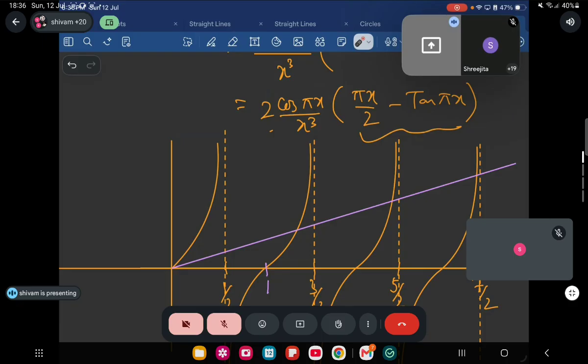So see, I'm talking only about the first point. For the first point, this is negative. Tell me, are people getting? Yes or no? This is negative. Next, pi x by 2 minus tan pi x. If you move from left to right, it is changing its sign from negative to positive.